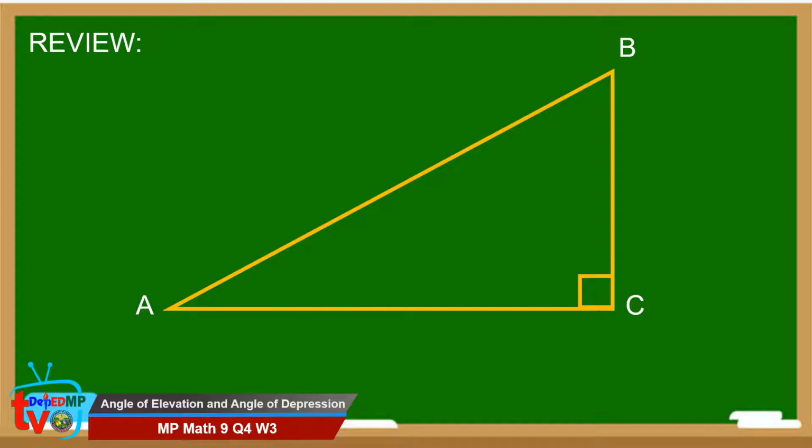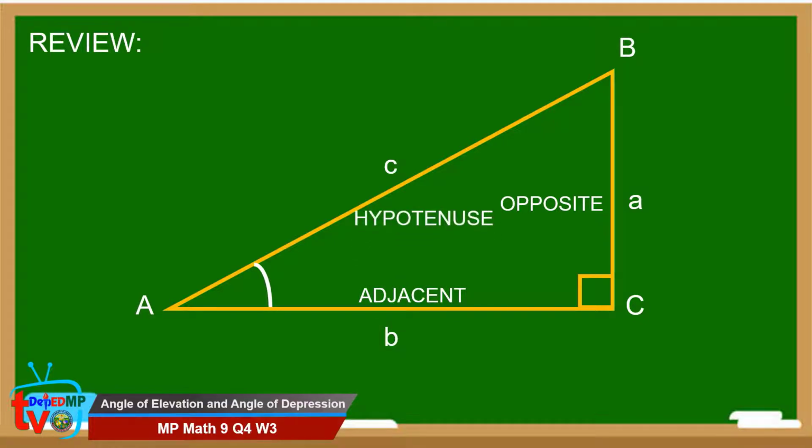Opposite those angles are its sides, named as small letters a, b, and c. Using acute angle A, side a is the opposite side, side b is the adjacent side, and side c is its hypotenuse. Clear? Did you understand?